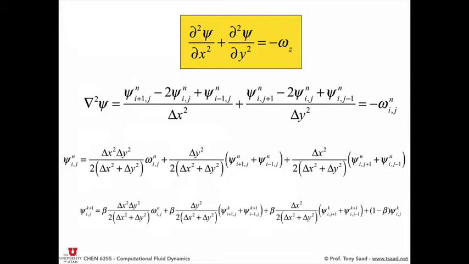So these cancel out. We get a delta y squared over 2 delta x squared plus delta y squared into the Ci minus 1 plus Ci plus 1. I drop the j index because I'm implicitly assuming this is j, plus a delta x squared over 2 times delta x squared plus delta y squared, just algebra, into Psi j minus 1 plus Psi j plus 1.